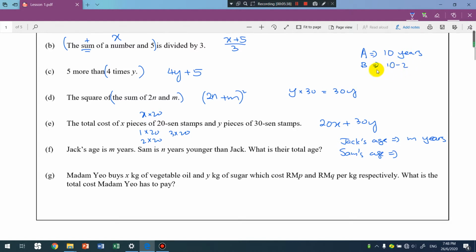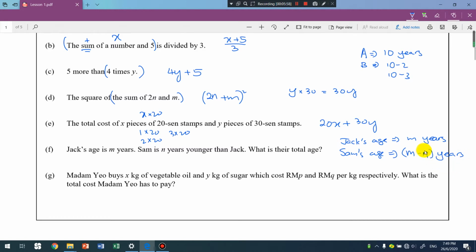If I say the age of B is 3 years younger than A, so 10 minus 3. The same thing applies here. Sam's age is n years younger than Jack, so definitely it will be m minus n years.